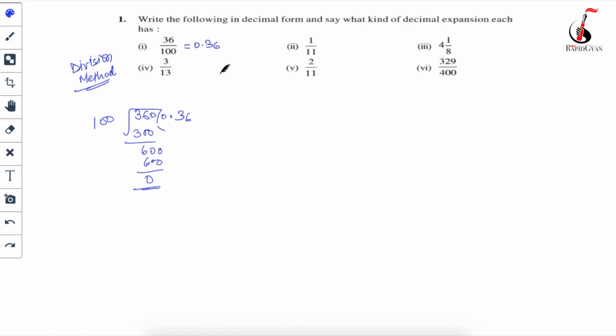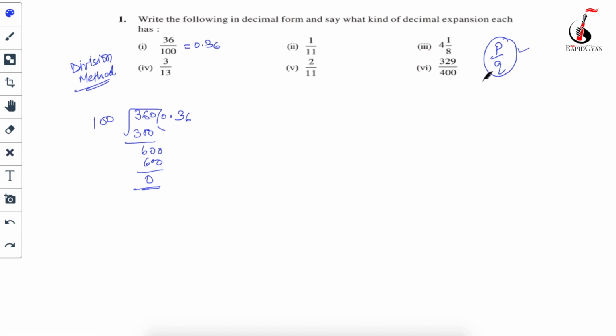So 0.36 is what kind of decimal expansion? See guys, there are only two kinds of decimal expansion in this scenario, because all of these are rational numbers. Why are they rational numbers? Because they can all be written in the form p by q. Only rational numbers can be written in the form p by q, not irrational numbers.